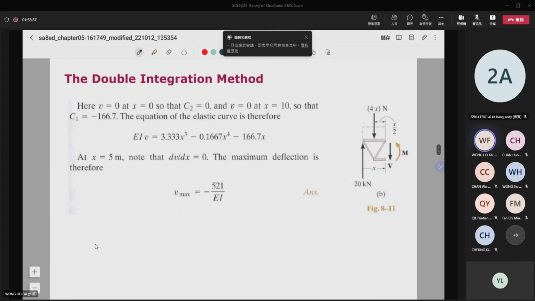So you have two, we call it the boundary conditions. When X is equal to 0, then your deflection is equal to 0. When X is equal to 10, again, the deflection is equal to 0. Okay? Do you know what I mean?